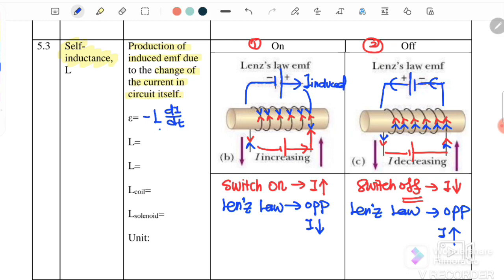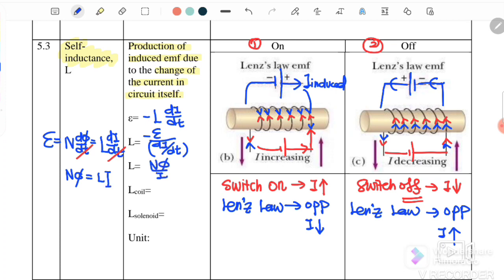Therefore, L equals EMF over di over dt. Since EMF also equals N d flux over dt, and for self-inductance is also L di over dt, if we cancel off the dt, we get N flux equals Li. Or if you rearrange, L equals N flux over I.